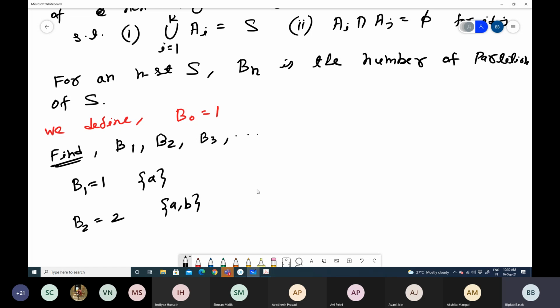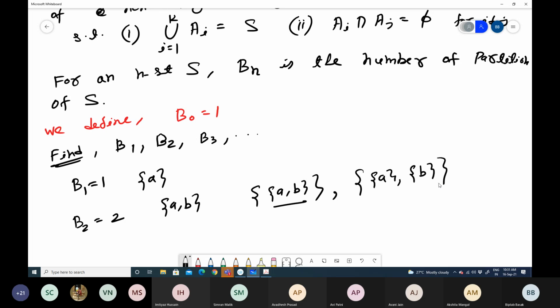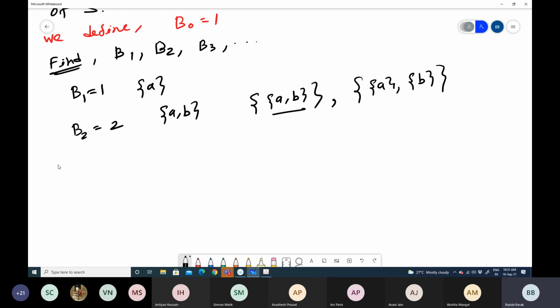Why? We have two partitions. One is only that set, and another one is this two. Now, in a similar way you can calculate B3. You have a three-element set A, B, C. There are many possibilities.